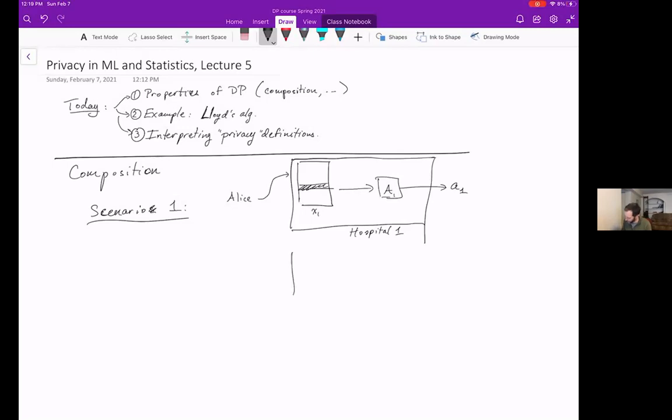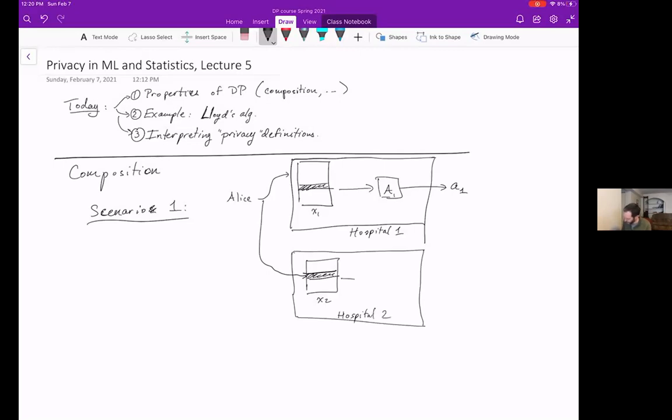But then there's another data set. Okay, there's another data set X2 that also contains Alice's record, let's say over here. And X2 might contain different parts of Alice's record, because maybe this data set is held by some other hospital and it has different information in it.